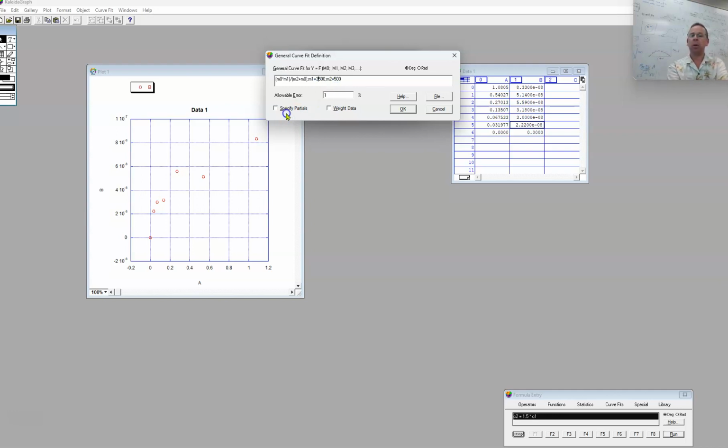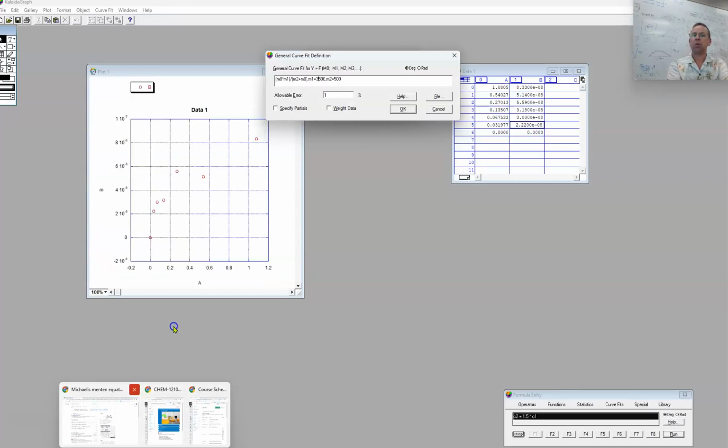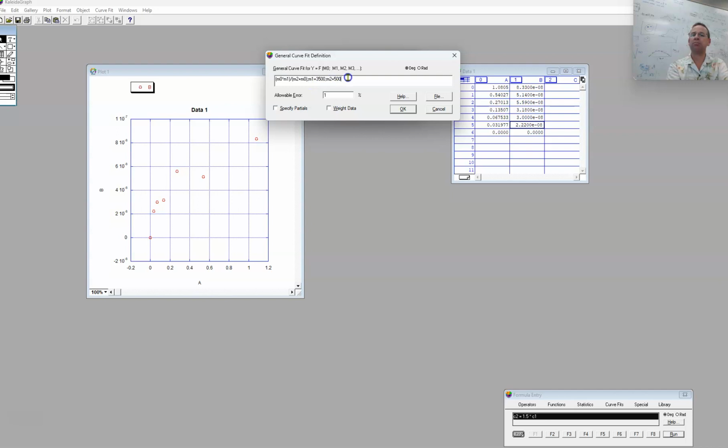What we need to do is give the computer a good estimate for M1 and M2. M1 was the Vmax, which is where it approaches. Right now it's saying that M1 is about 3,500.